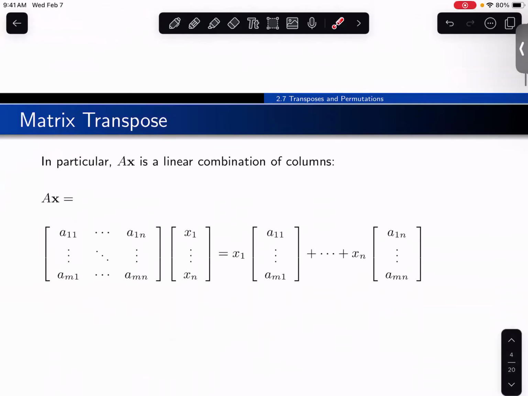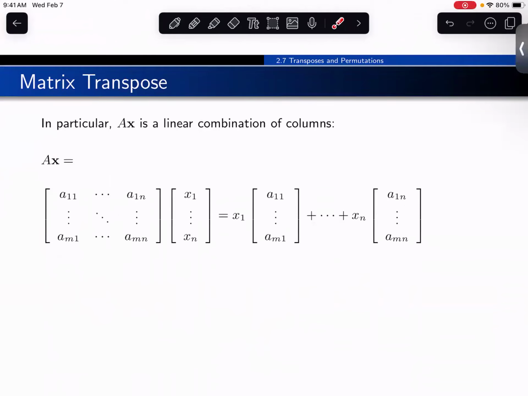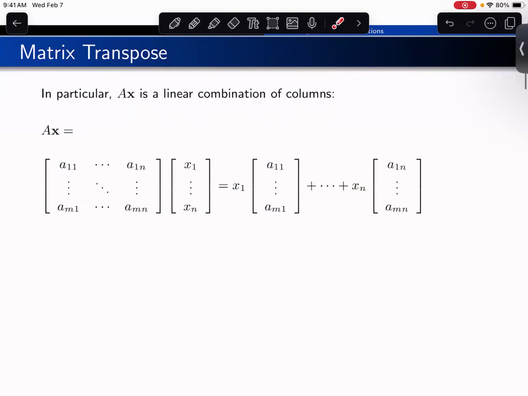Next, we're going to go into properties of the transpose. There isn't anything super groundbreaking about the transpose yet, but it'll show up later in the class in terms of how it's useful. Right now, we're just recording properties of the transpose.